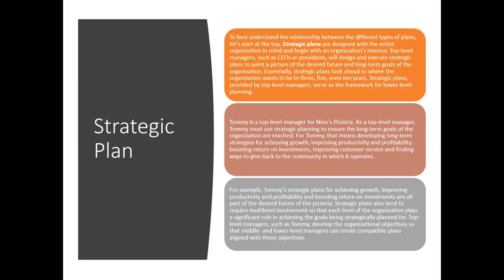Strategic plans also tend to require multi-level involvement so that each level of the organization plays a significant role in achieving the goals being strategically planned for. Top-level managers such as Tommy develop the organization objectives so that middle and lower-level managers can also create their own compatible plans aligned with those objectives.